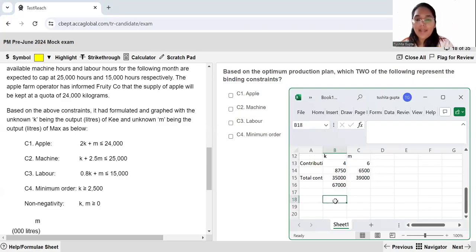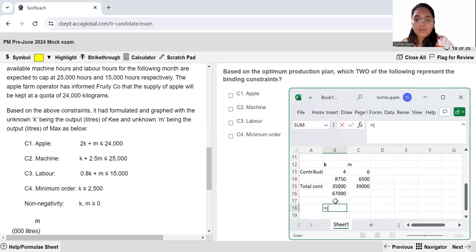If you put in the value of 2K plus M, 2 multiplied by K, which we found out as 8,750, plus M, which is 6,500, you're getting 24,000 over here, which means this resource is totally being utilized. If it falls short, it's going to be a problem for your business.